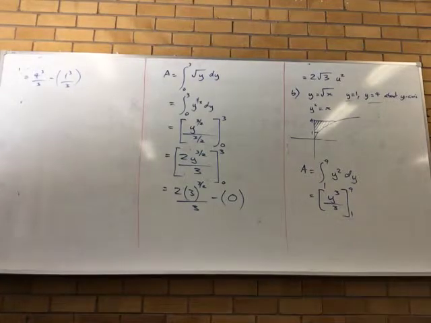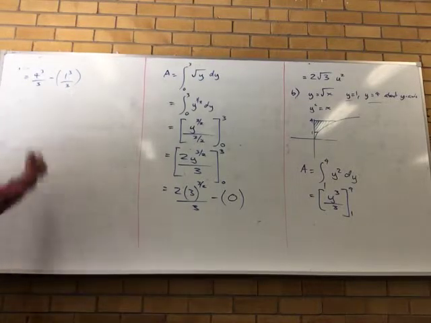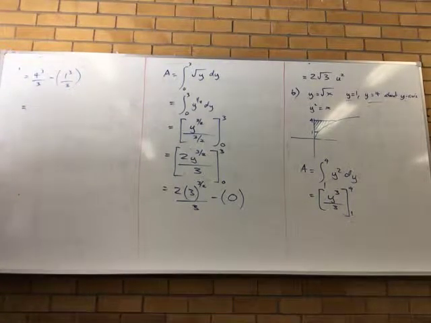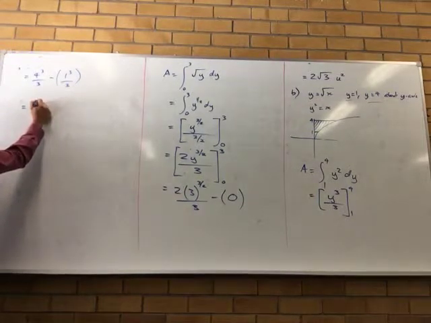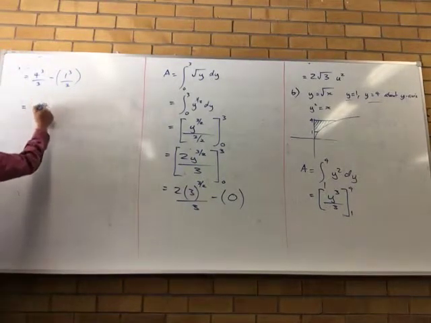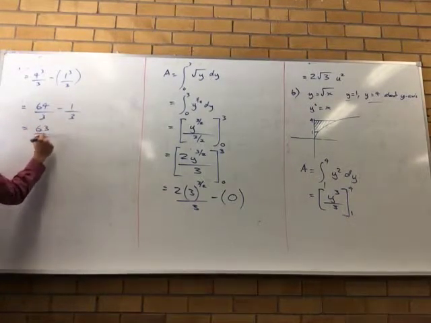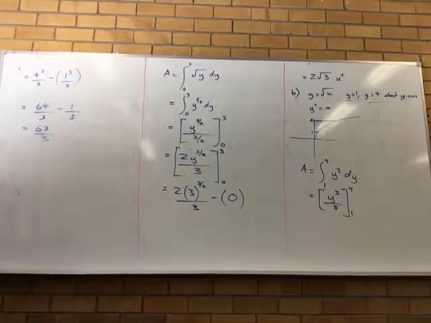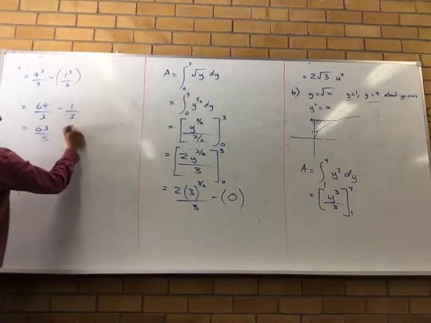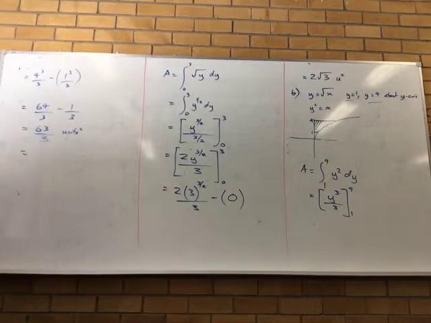I didn't need to write the cube bit if I know it's going to be 1/3. 4 cubed, 16 times 4, whatever that is. So 63 over 3 units squared. And yes, we can simplify it. It's 21.